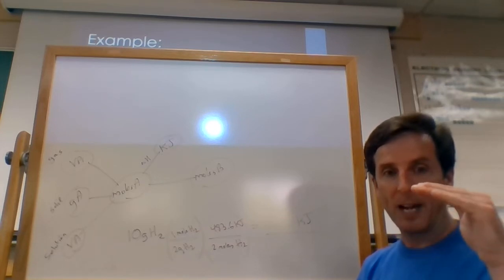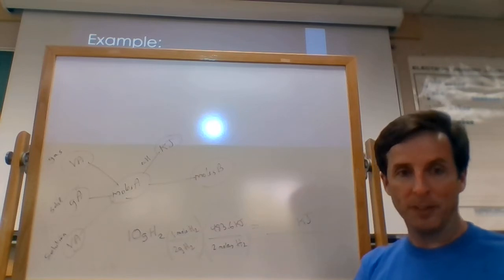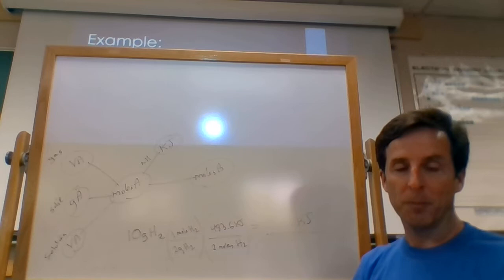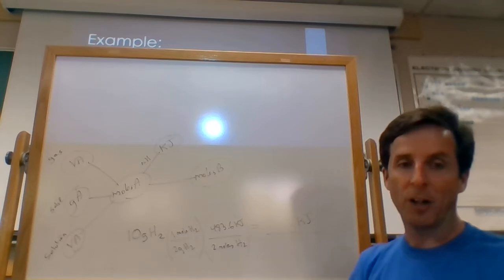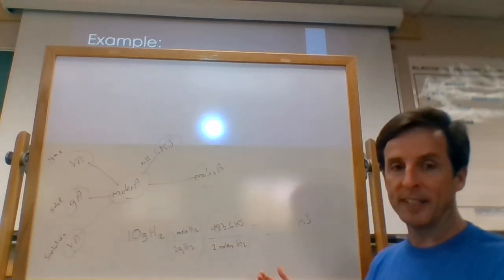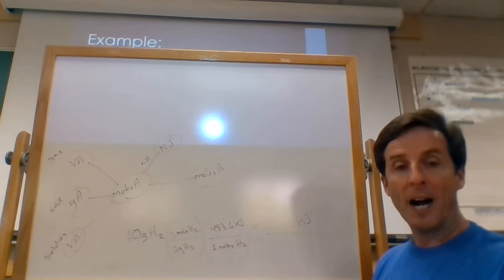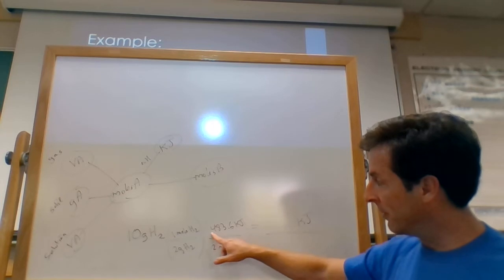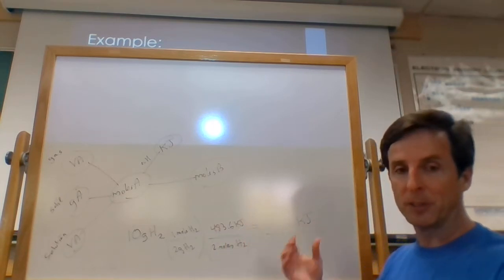The fact that our bank account balance went down is obvious. The question is just how much. So I just say $100. In this question, it says how much heat is generated. I just want the amount, not the sign. So I'm leaving the negative off for that purpose.